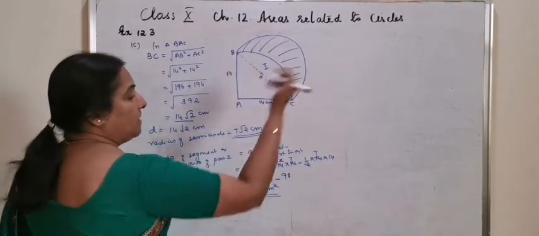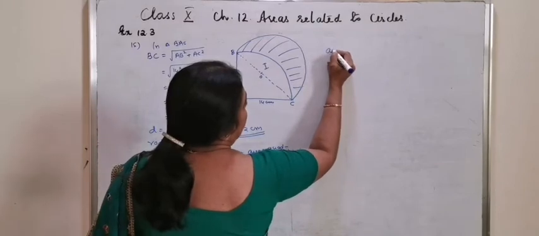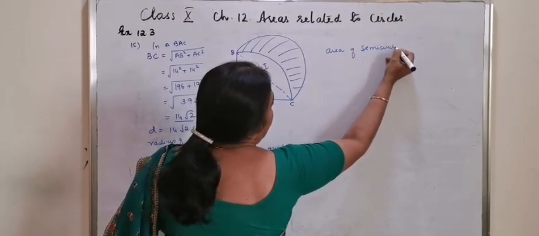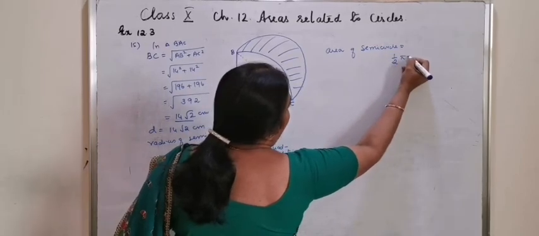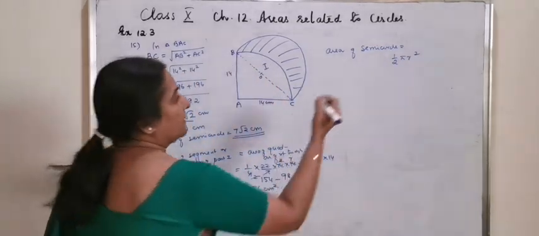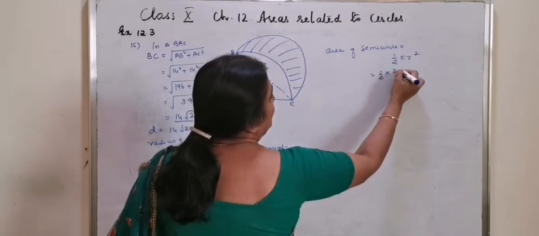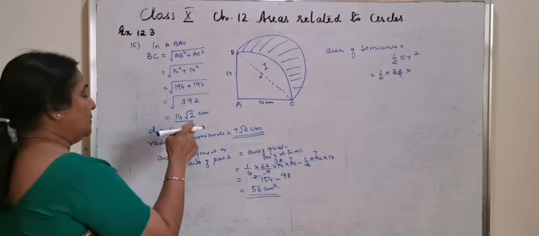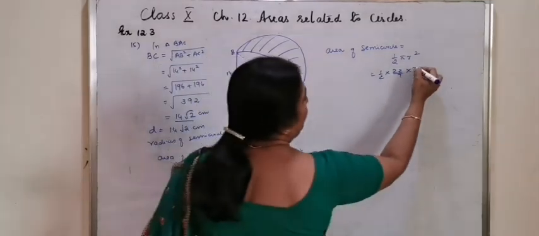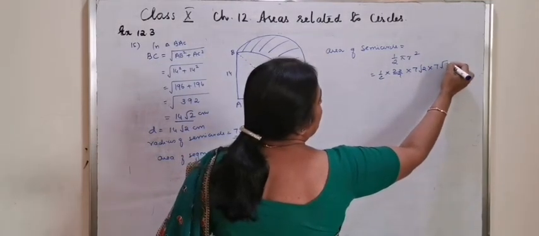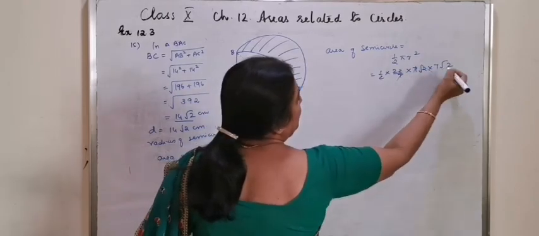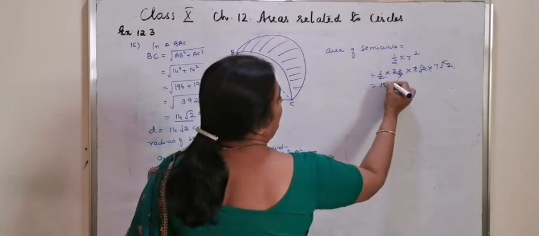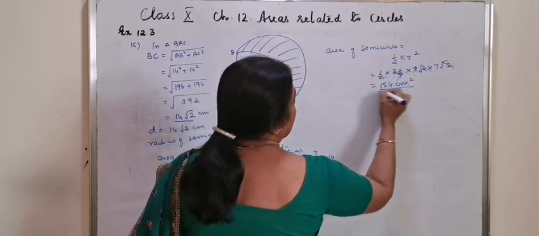What will be area of semicircle? Area of semicircle is equal to half pi r square, which is equal to half into 22 by 7. The diameter of the semicircle is 14 root 2, so radius is 7 root 2. 7 root 2 into 7 root 2. Root 2 into root 2 is getting cancelled as 2, or 22 into 7, 154 centimeter square.